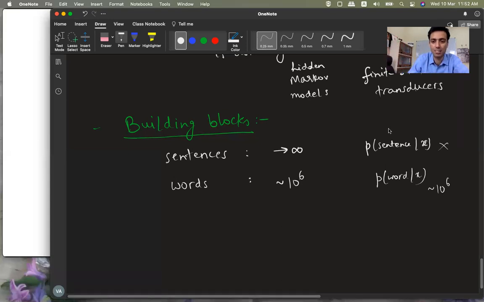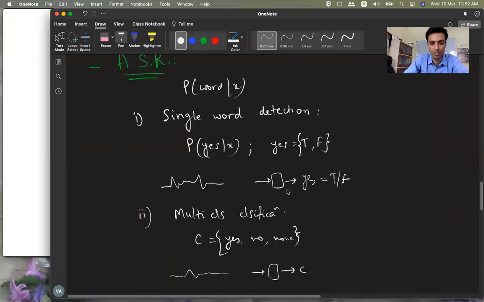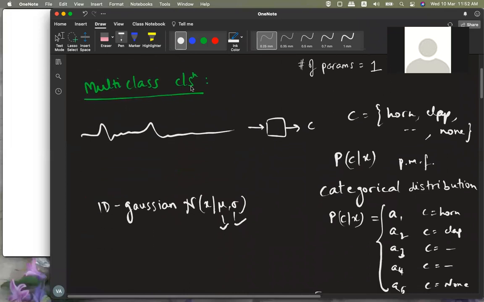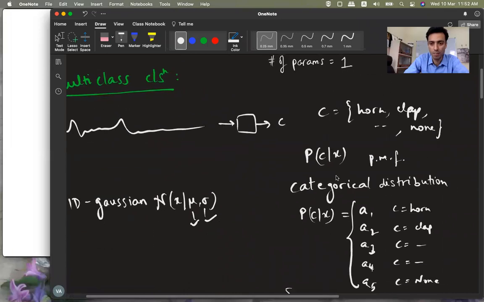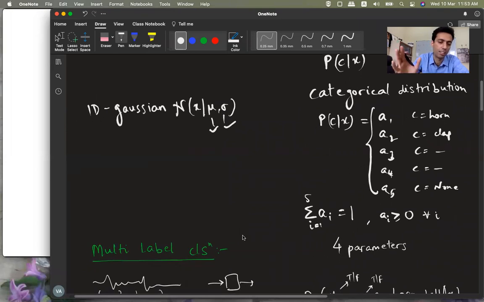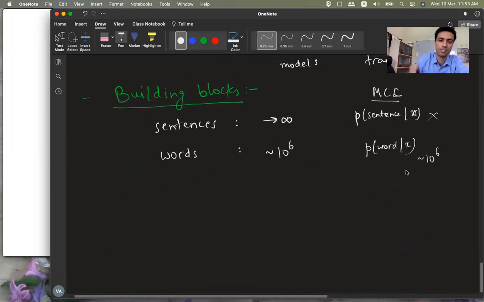Just remember multi-class classification, which we discussed here. How many words are possible? Your number of parameters is total number of words minus 1, that is, total number of classes minus 1. So this is of the order of 10 to the power 6.